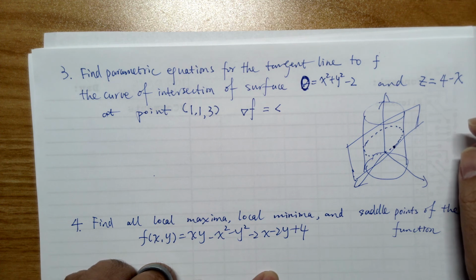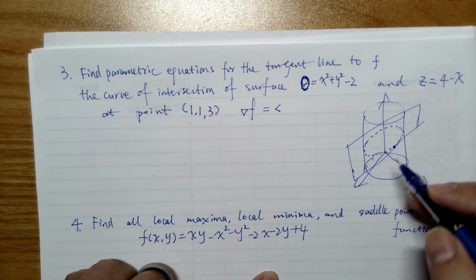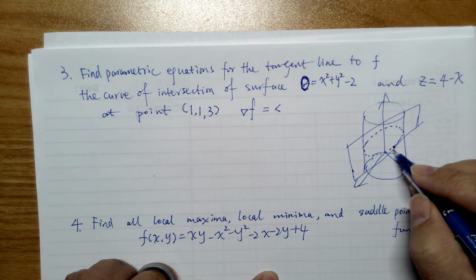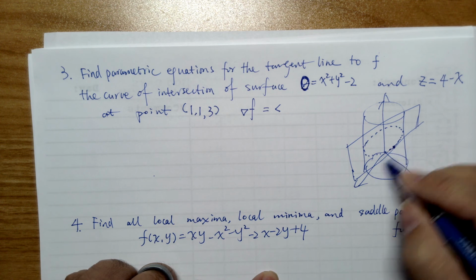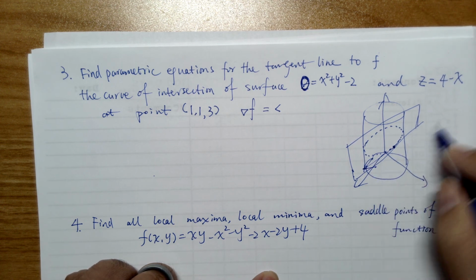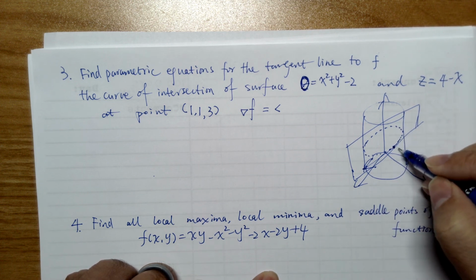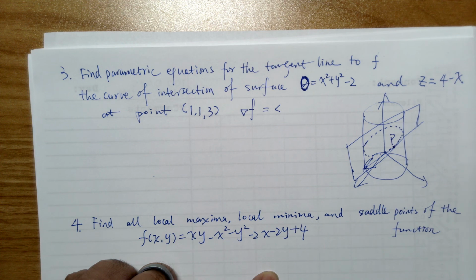And as you can see here, how do we figure out the equation for this tangent line? Briefly, we are looking for this tangent line to this point. Suppose this is the point P, (1, 1, 3).